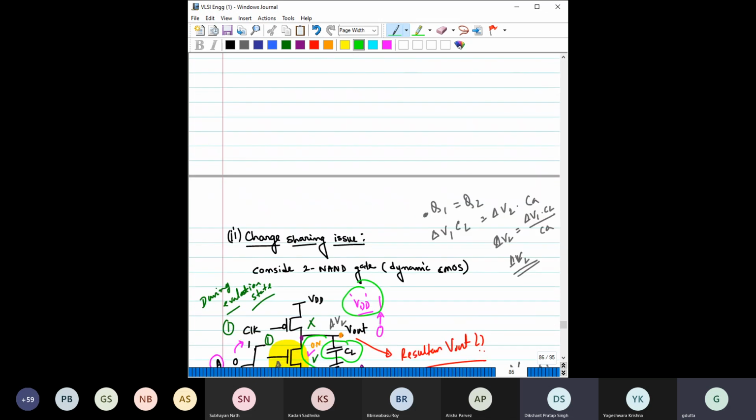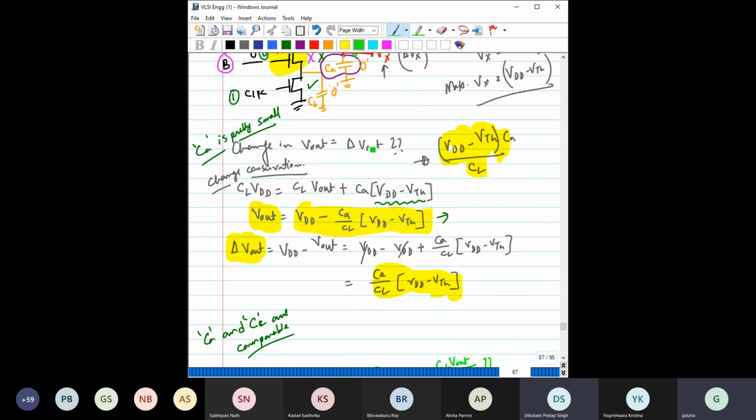Then whatever we wrote yesterday still holds: the initial charge was CL into VDD, which would be equal to the final charge. The final charge is the charge stored in CL, which is CL into V out, plus the charge in the CA node capacitor, which is CA into VDD minus VTH.